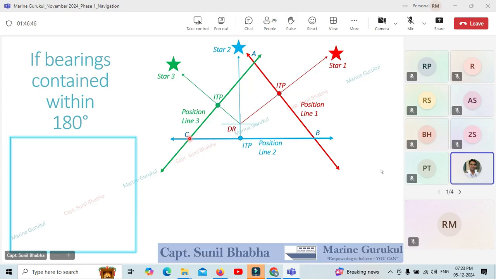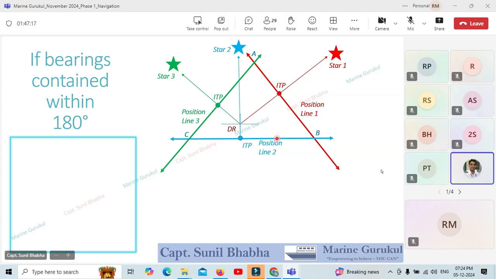Now you will be able to see that our middle PL, that is the blue color PL, is involved in making two vertices or two angles of the triangle. These angles are angle Bravo and angle Charlie. Angle Alpha is not associated with our middle PL in any way. Angle Bravo and angle Charlie have the middle PL as one of their arms.